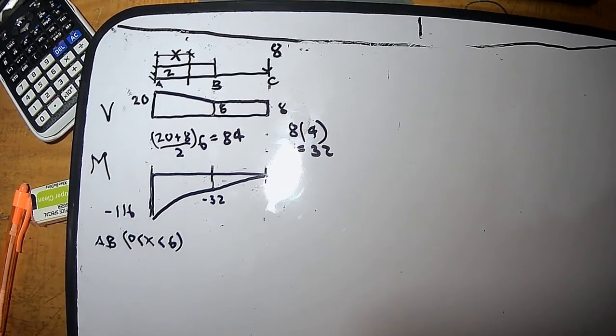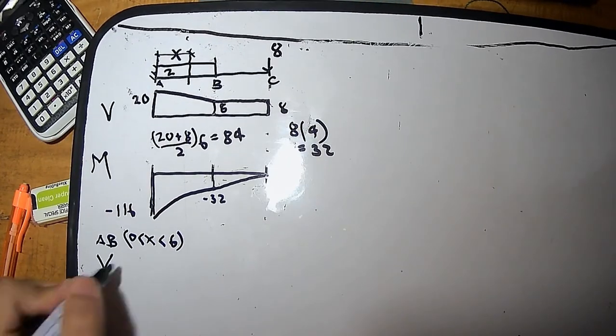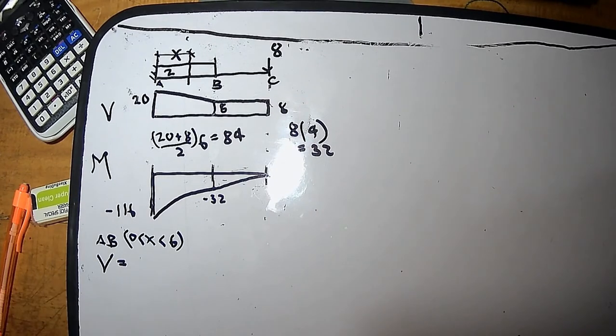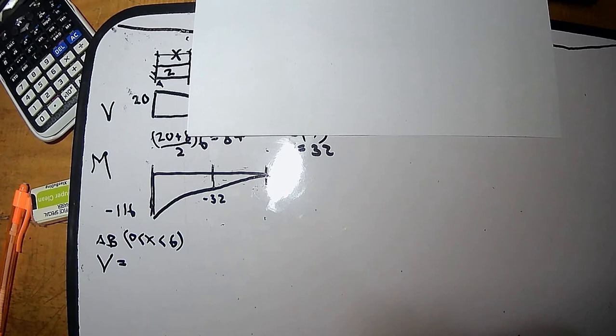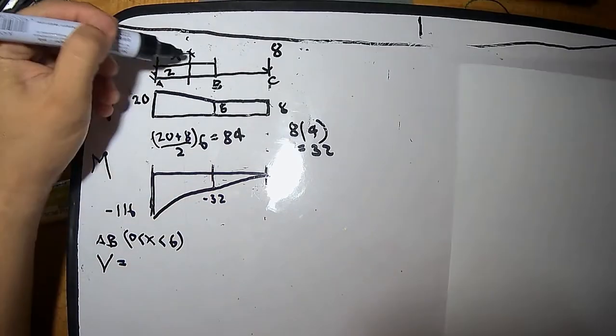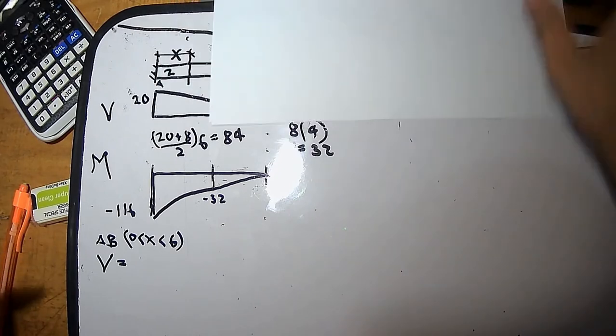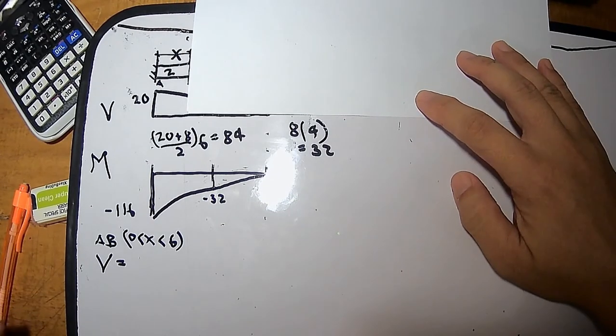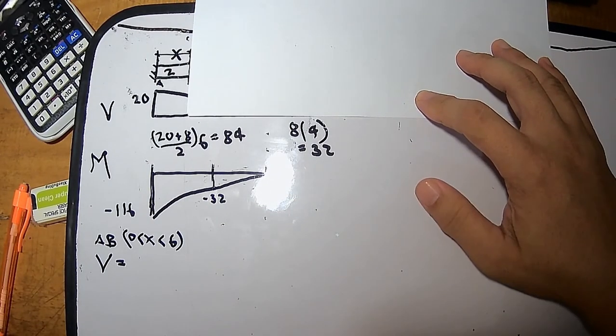Now what is the equation of your shear at X? The trick there is to cover everything on the right of your section. And then you take summation forces vertical. Okay?